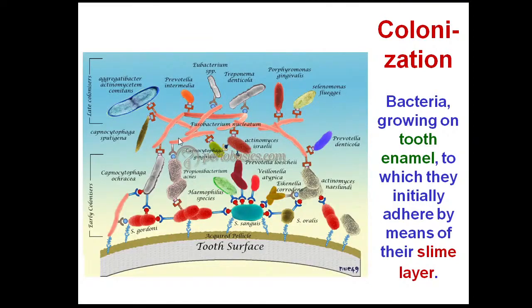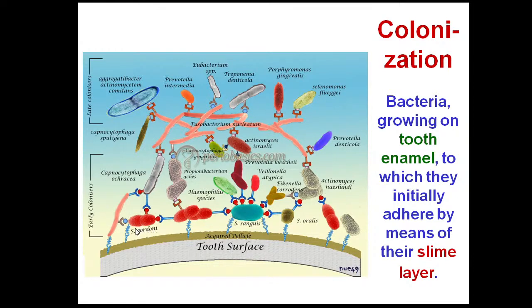And here you can see, for example, how many different types of bacteria may grow on the tooth enamel, and to which initially particular microbes like Streptococci adhere first, and then they help a lot of other bacteria to form the plaque on the surface of the tooth enamel.